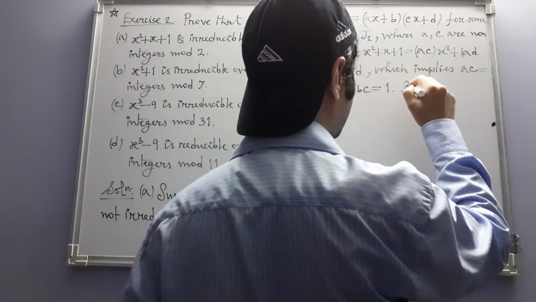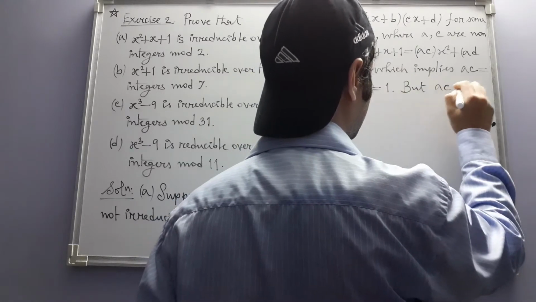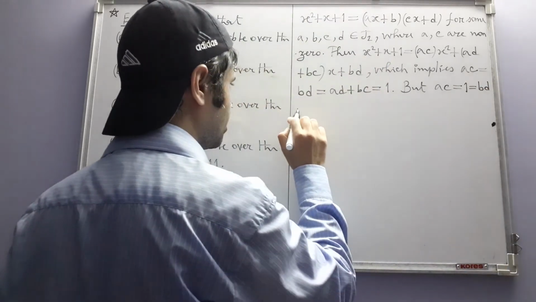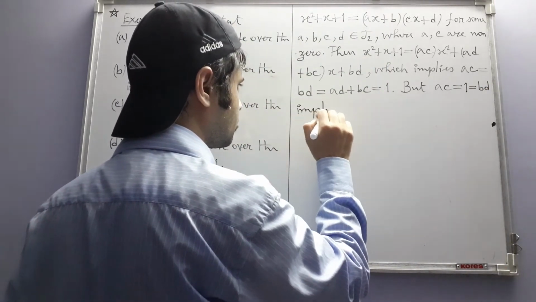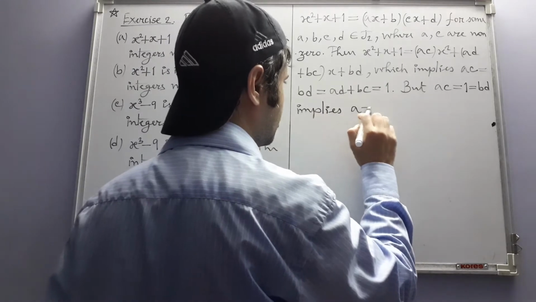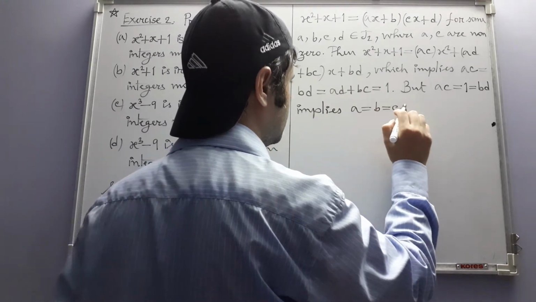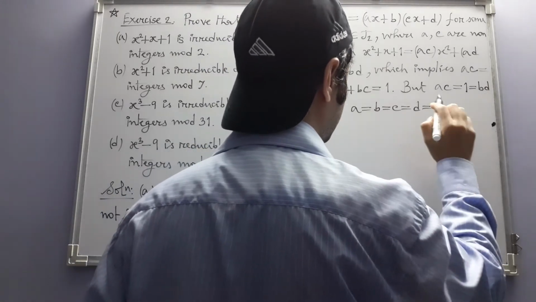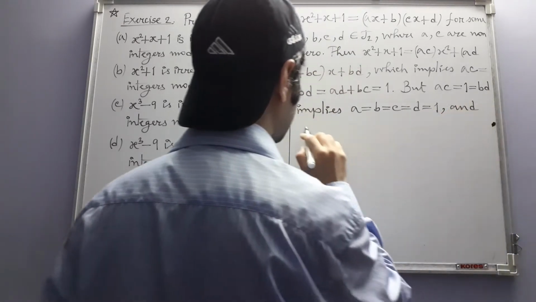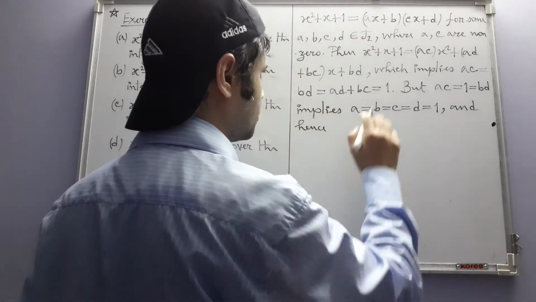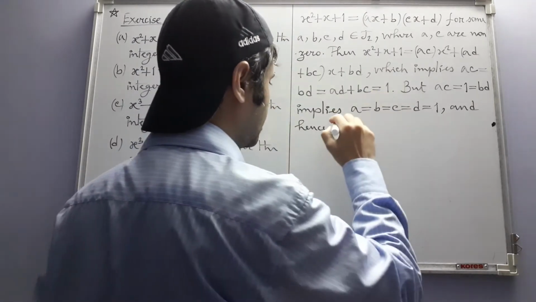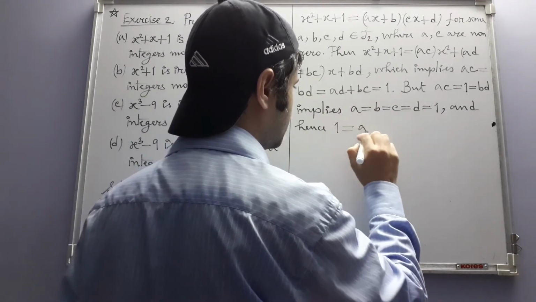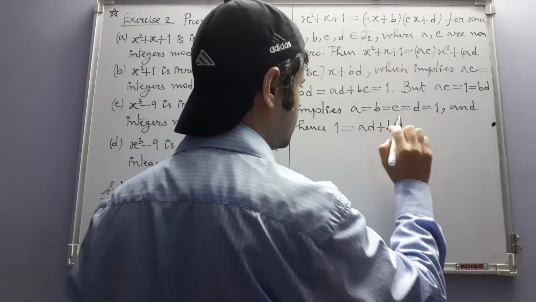But AC equal to 1 equal to BD implies A, B, C, D, all of these things have to be equal to 1, and hence let's now concentrate on the third part of this series of equations. 1 is equal to AD plus BC.